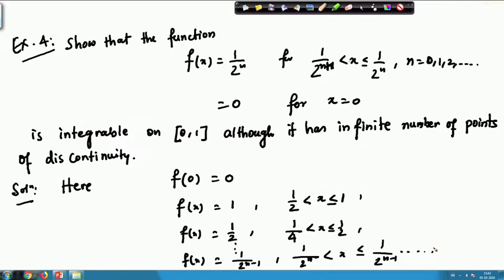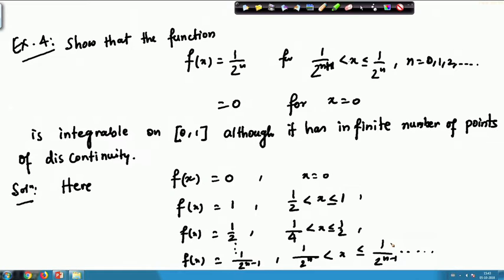So, when x equals 0, the function f(x) is 0 actually. So, when x is 0, f is 0. When x is between half and 1, then f(x) is 1. When x is between 1 by 4 and half, then f(x) is half, and so on.